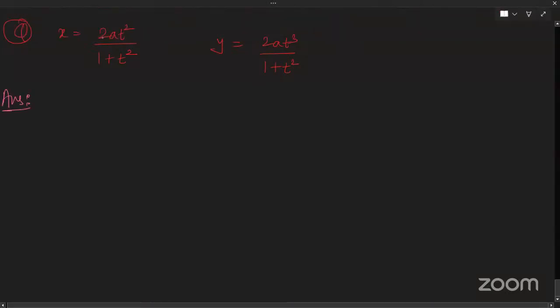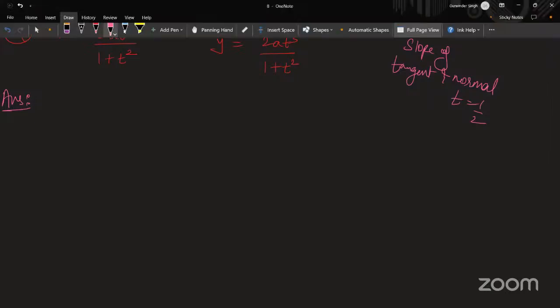Obviously it is asking you what is the equation of tangent and normal, or you can just directly tell me the slope of tangent and normal. And the value of t is given to you as half.